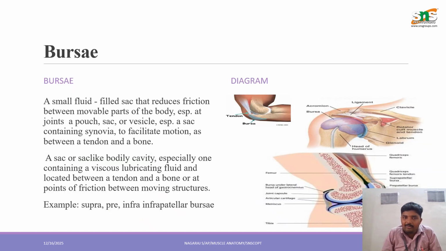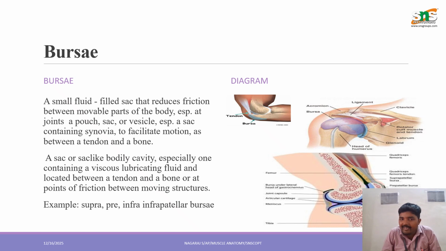Then bursa. A bursa is a small fluid-filled sac that reduces the friction between the movable parts of the body, at a joint. It is a pouch, sac or vesicle containing synovia to facilitate motion, as between the tendon and bone.